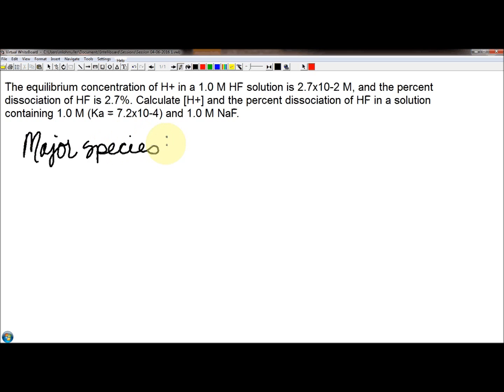What's in our solution? We have our hydrofluoric acid, which is only 2.7% dissociated, so it's still in there in its original form. We have the sodium from the sodium fluoride, the fluoride ion, and don't forget about everybody's favorite water.